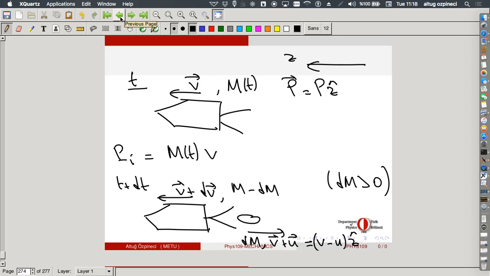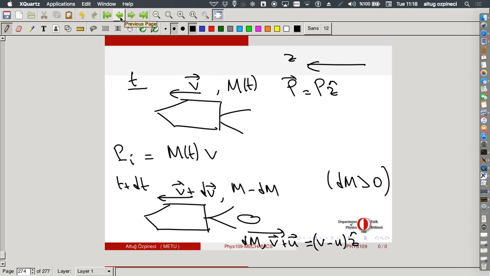But the problem in this case was that the speed of the exhaust depends on the speed of the rocket. So as the speed of the rocket is constantly changing, different parts of the exhaust have different velocities. To avoid that problem, we looked at the momentum at two different times that are separated by a very small time interval, to determine how the velocity changes as a function of time.